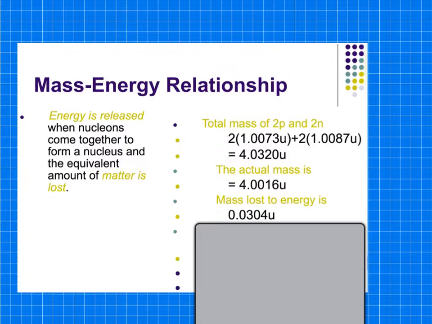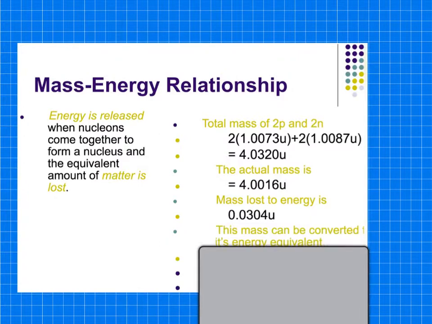And if we want to know how much energy that's associated with, we can't quite use Einstein's equation E equals mc squared. E equals mc squared uses kilograms, and our mass here is in universal mass units. On your reference table, you'll see mega electron volts and universal mass unit. You'll see that conversion there.